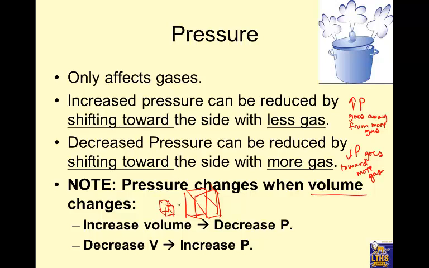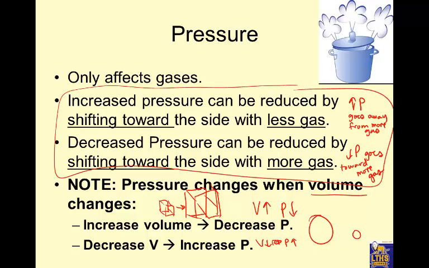Increased volume means decreased pressure. So if V goes up, P goes down. How do you decrease the volume? If you take a container and give it less space, the pressure inside that container is going to go up. So here are the effects of pressure, and it only affects gases.